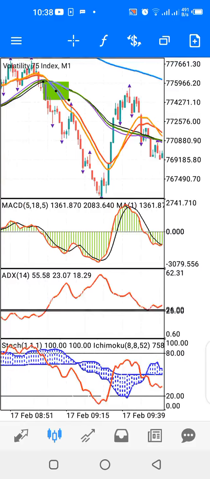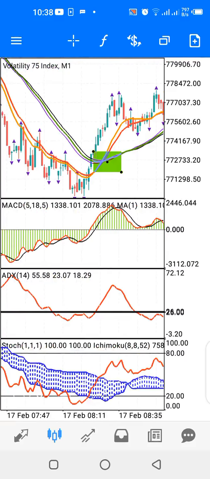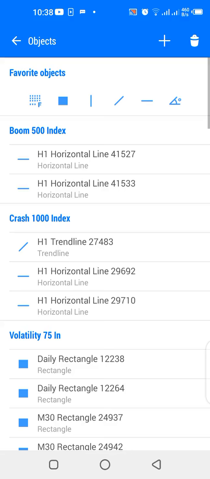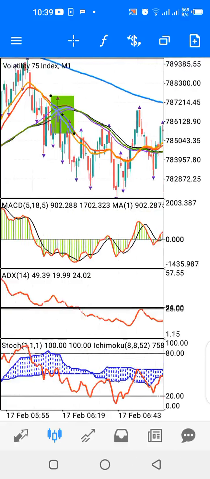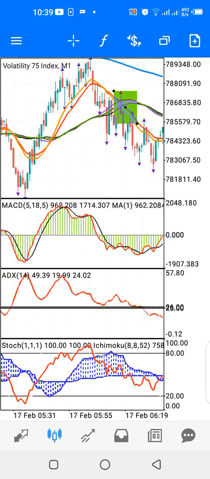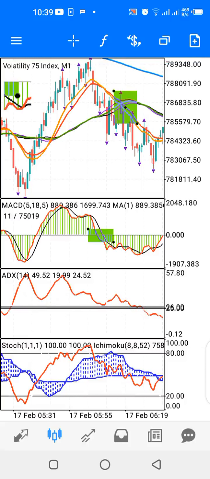So this is a time to buy as well. The time to buy, while this is a time to sell. So that's how it works. That's how you use indicator window 1 indicators.